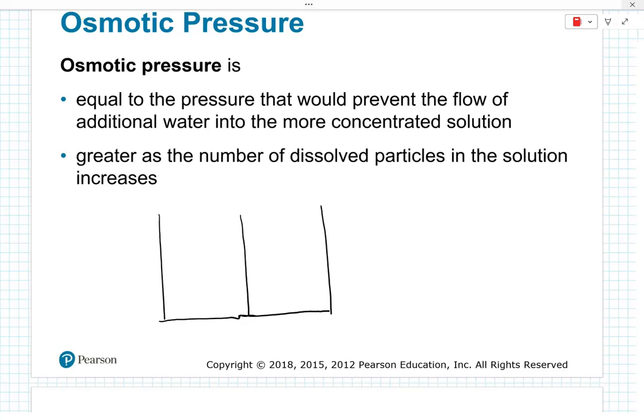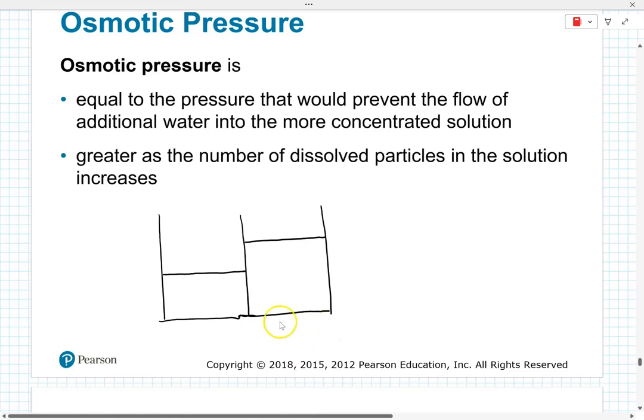So at some point, the level on the left will be lower than the level on the right. Does that make sense to you? If you would just make a little hole in here, in which way would fluid go? From right to left, right?